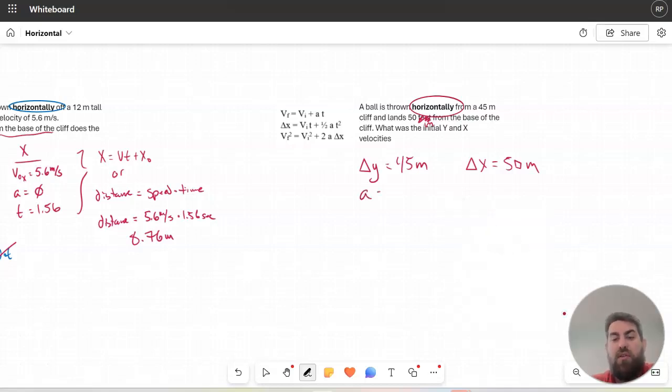Our acceleration in the y is still negative 9.8. Our acceleration in the x is still 0. And remember, horizontally tells us that the velocity in the y to start is 0. That's kind of the hidden piece of information that you've got to practice these to learn to recognize.